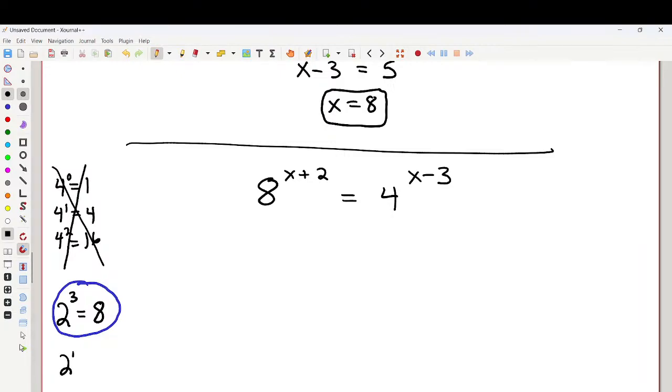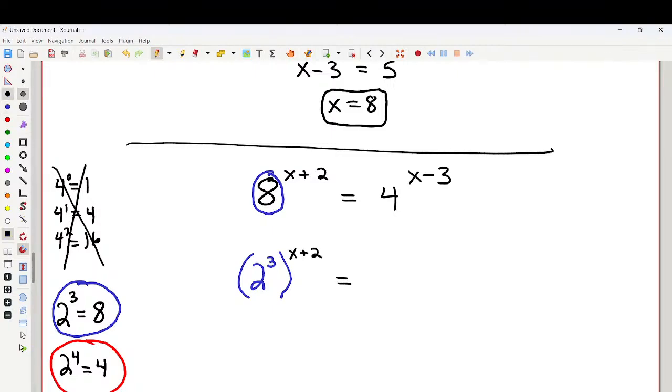And 2 squared is 4. So we're going to take this 8 and call it 2 cubed. And we'll take this 4 and we'll call it 2 squared.